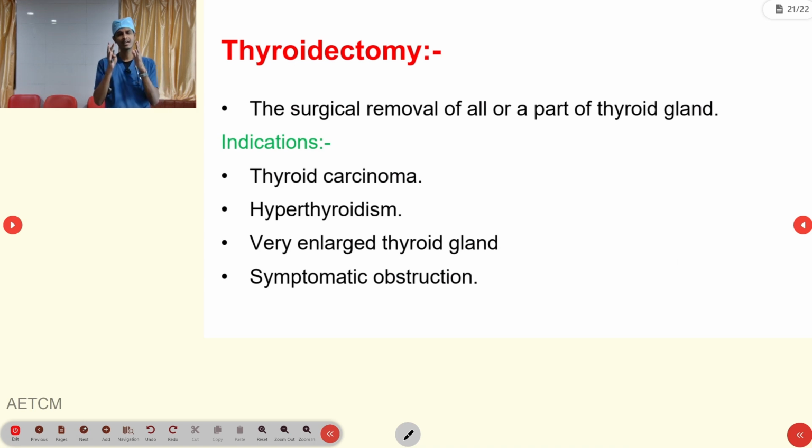You can go with a subtotal or total thyroidectomy, or partial or total thyroidectomy. Main indications are thyroid carcinoma, or hyperthyroidism that is not controlled by medical treatment. Also a very enlarged thyroid gland that is compromising the airway, for that you can go with a partial or total thyroidectomy.